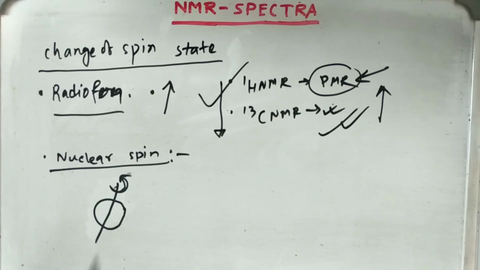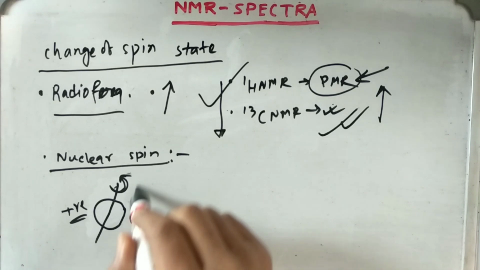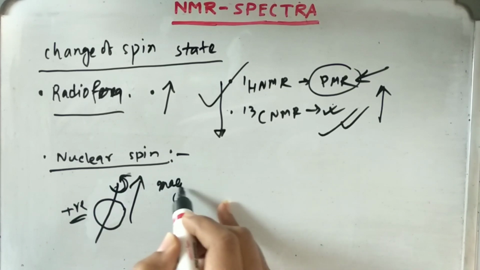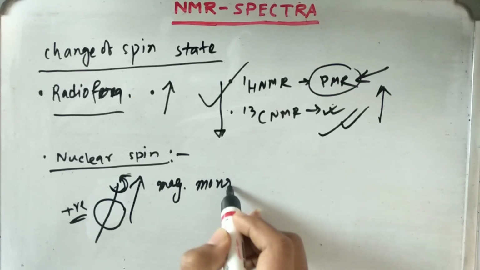This rotation matters because the proton is a positively charged species, and any charged species that rotates creates its own magnetic field. That magnetic field vector quantity is called the magnetic moment.